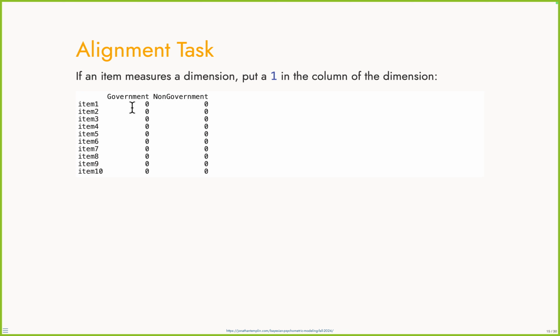And at the end of it, you should have a matrix where a 1 appears if the item measures that factor, and a 0 otherwise. So you could think of us building a model that had 2 latent variables here, conspiracy about government entities and conspiracy about non-government entities. Does that make sense? All right.